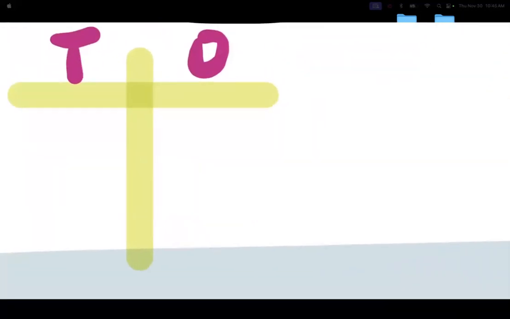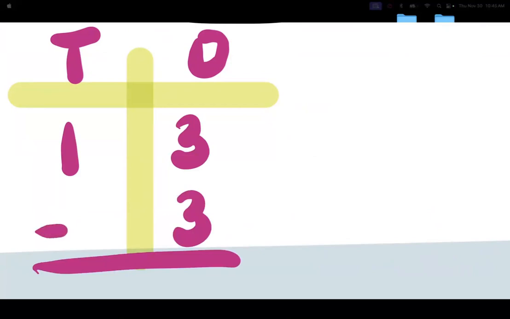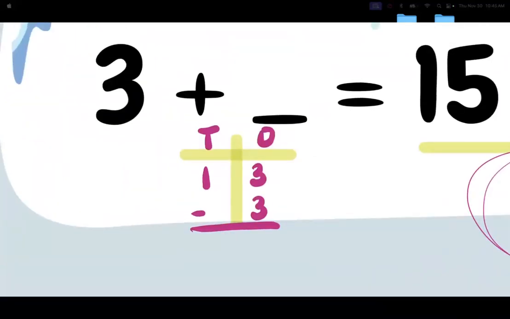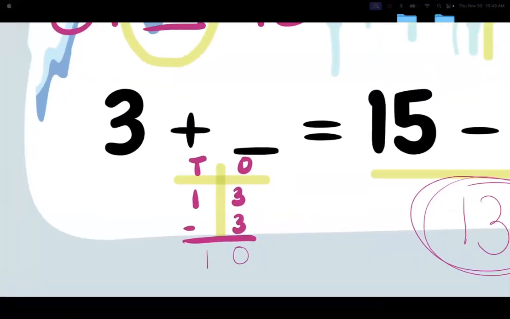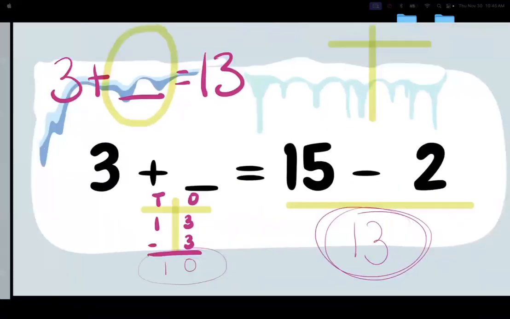We need to get to 13. What's 3 minus 3? It's 0. And then we drop the 1. What is it going to be? Four. So 3 plus 4 is going to equal 13.